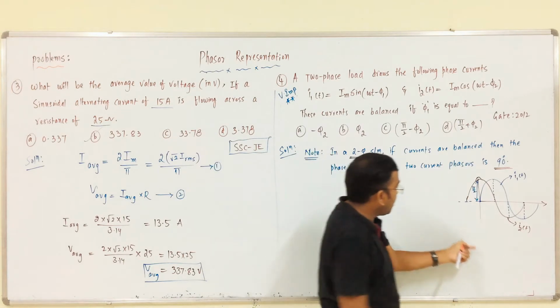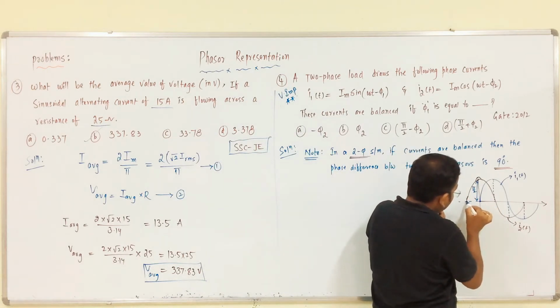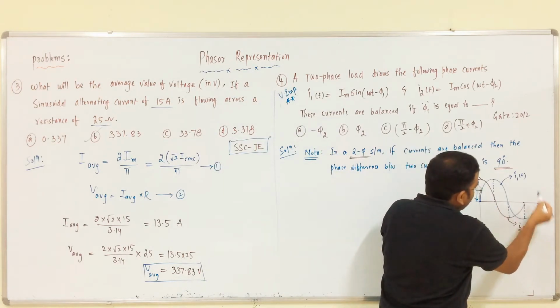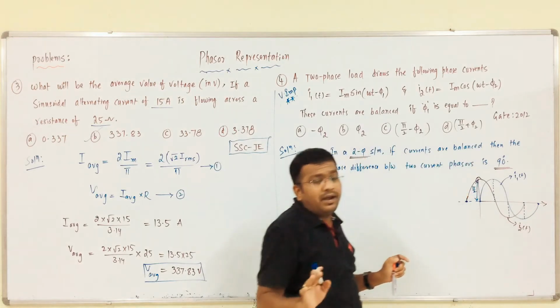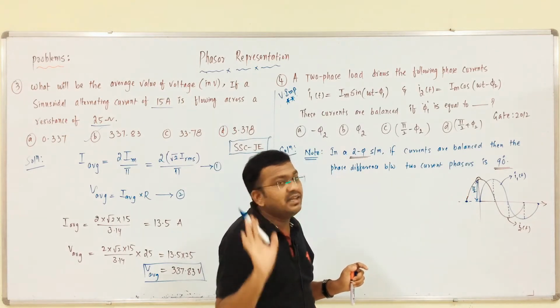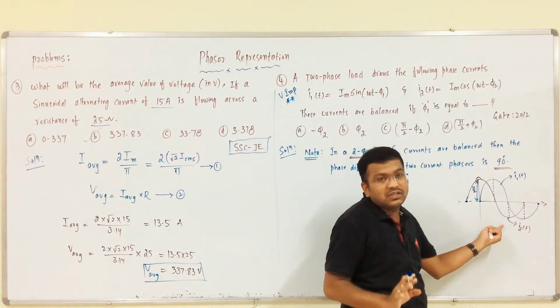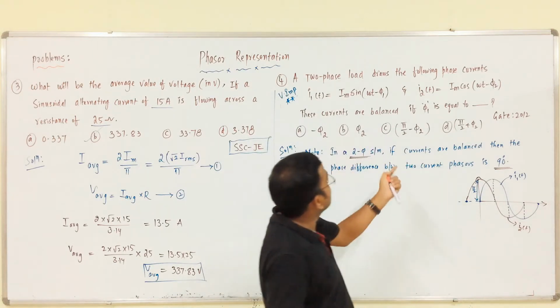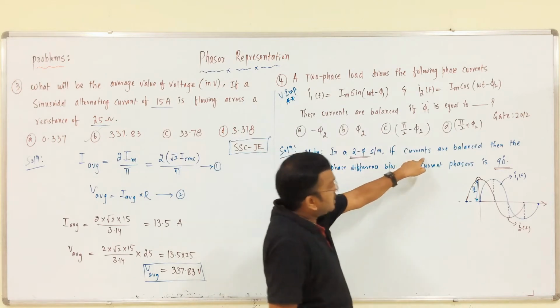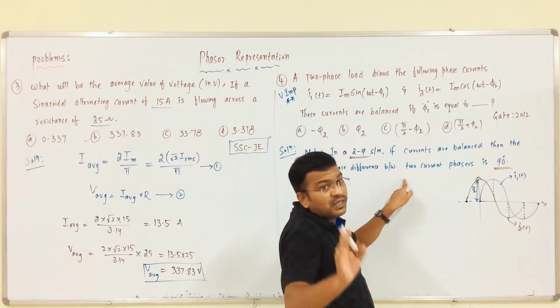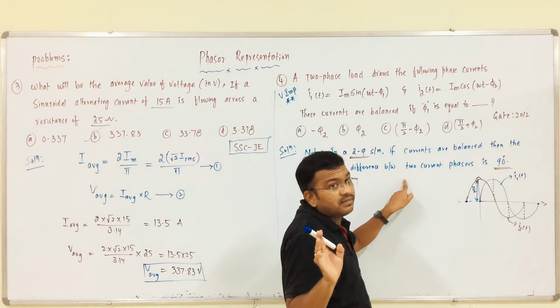So if you consider any point from here to here, we will get the phase difference as 90 degrees. That is, these two phasors or two currents are balanced. That is why in a two-phase system, if currents are balanced, the phase difference between two phasors is 90 degrees.